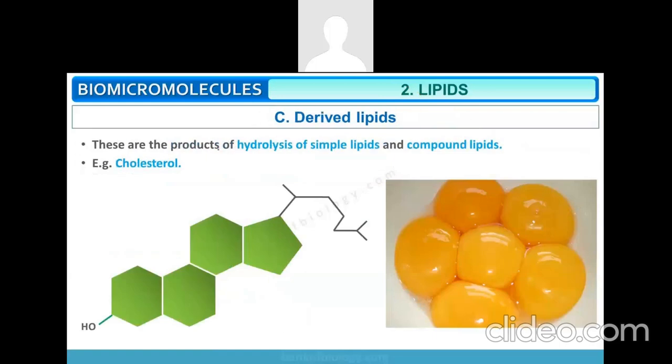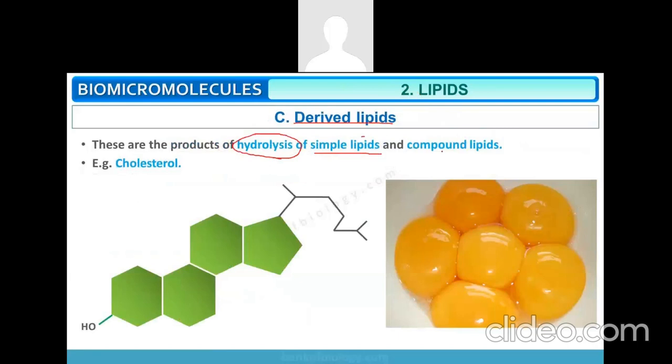The third one is derived lipids. These derived lipids are not naturally occurring, but instead they are obtained from simple lipids by the process of hydrolysis, which means when we use water, the simple lipids are broken down and finally change into compounds called derived lipids.